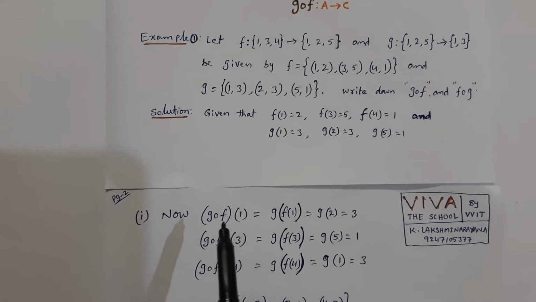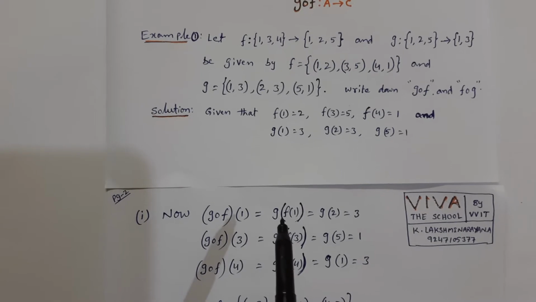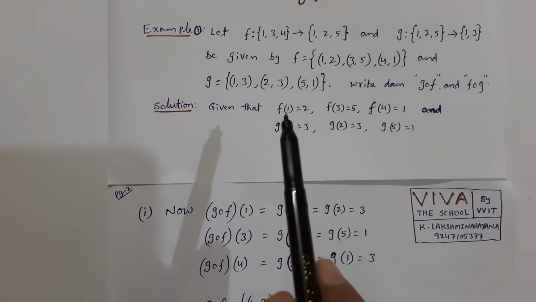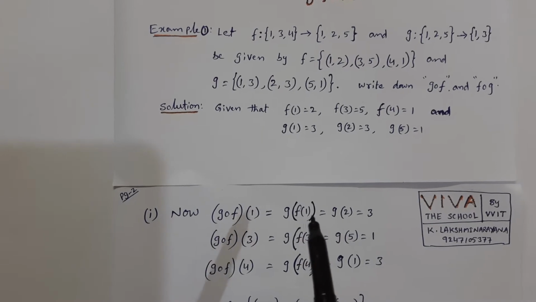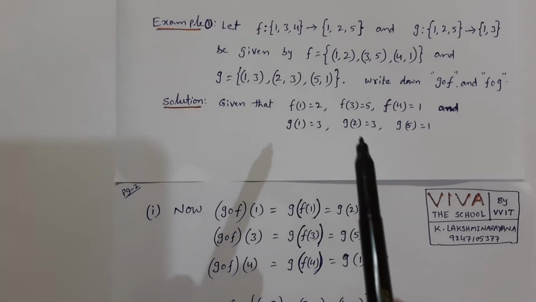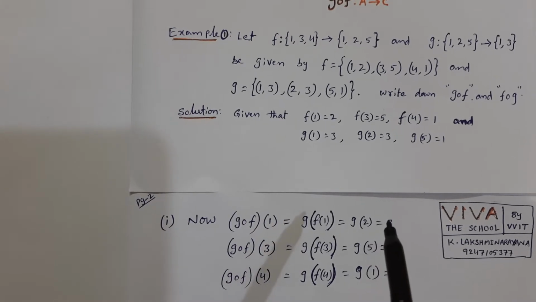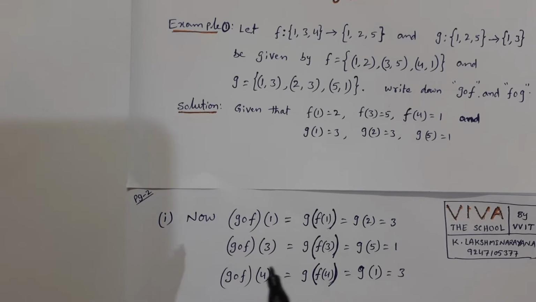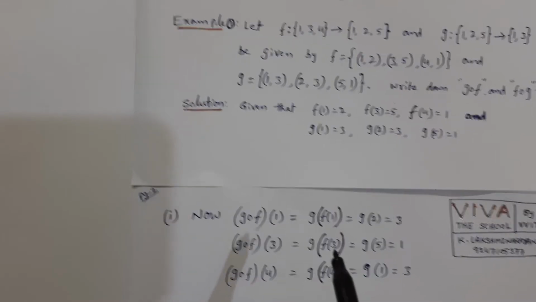Now g circle f of 1 equals g of f of 1. The value of f of 1 is 2, so substitute: g of 2, which equals 3. That means g circle f of 1 equals 3. Now g circle f of 3 equals g of f of 3.